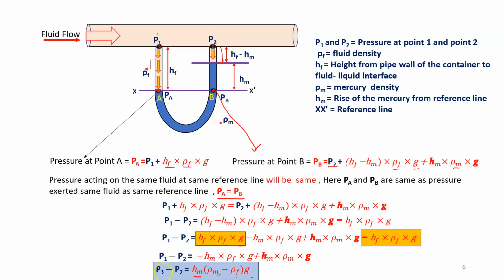So if we want to measure the pressure difference between 2 points, we can use this equation. If we know hm, the height difference of the manometric fluid, and if we know the density difference, then we can easily calculate the pressure difference at 2 points. That's it.